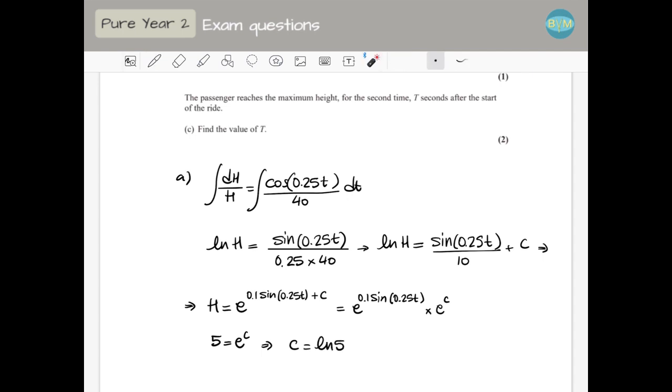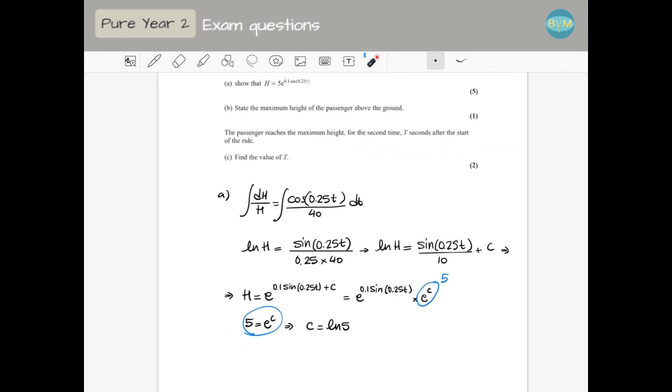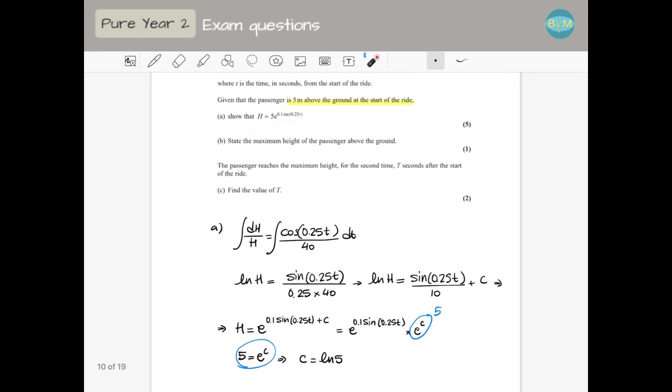Or I can just substitute e to the power of c by 5. So this I know is 5, so this is going to be 5 for this reason. Now my expression is the same, so I have that h is 5 times e to this one.